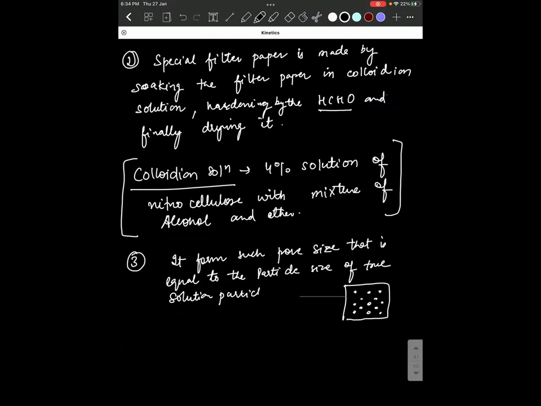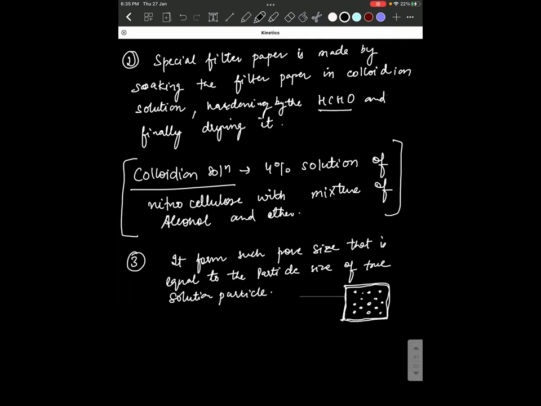So this is the filter paper, and after the whole process that we have done in two points, this filter paper develops holes in it, and the size of these holes is equal to the particle size of true solution.